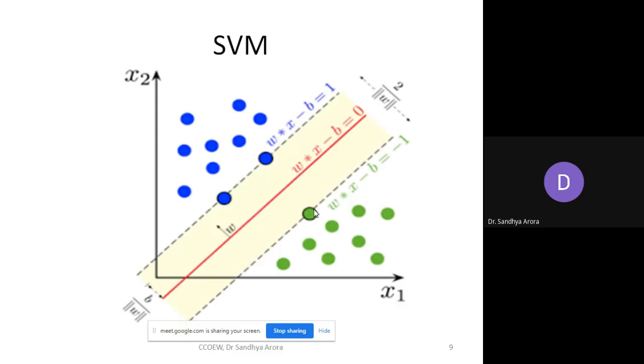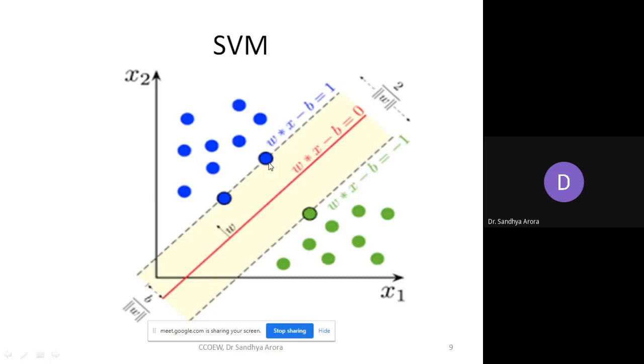You need to identify the parameters of this plane equation. So we need the value of w and the bias value b. We need to maximize the distance from this line to this point, this line to this line. We want to maximize this whole margin.